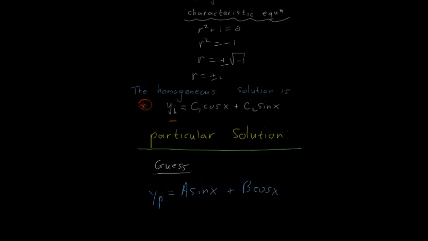Let me go to the next page here. Okay, so we know that our y particular was equal to a sine x plus b cosine x.